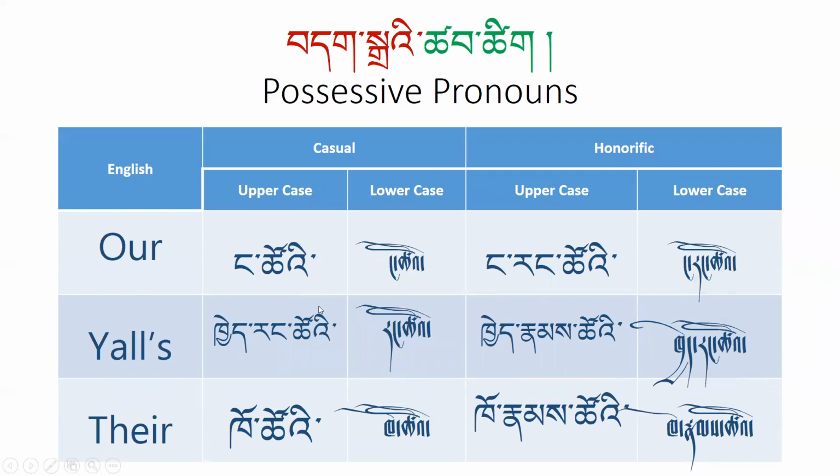Kinamtsu, that's the applied honorific form. Again, for our, same thing, ngaransu. So when you're talking with somebody that should be respected in your eyes, and you're talking about us with that person included, then you say ngaransu as opposed to ngansu. It is more honorific to say it that way.